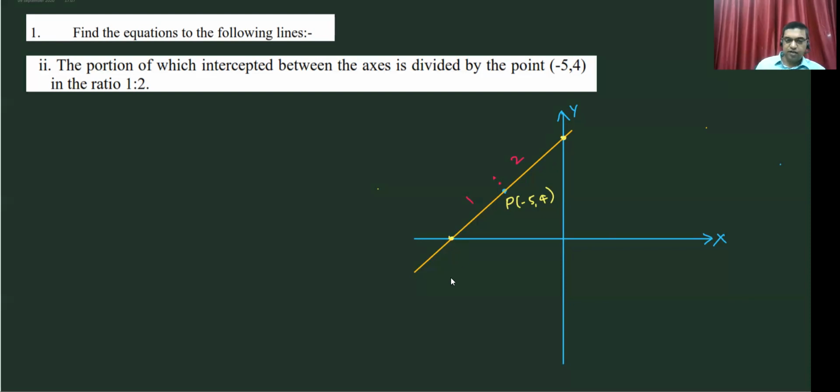So, find the intercept. This will be A comma 0. This is 0 comma B. Okay. Now let us apply the section formula. P divides AB in the ratio 1:2.